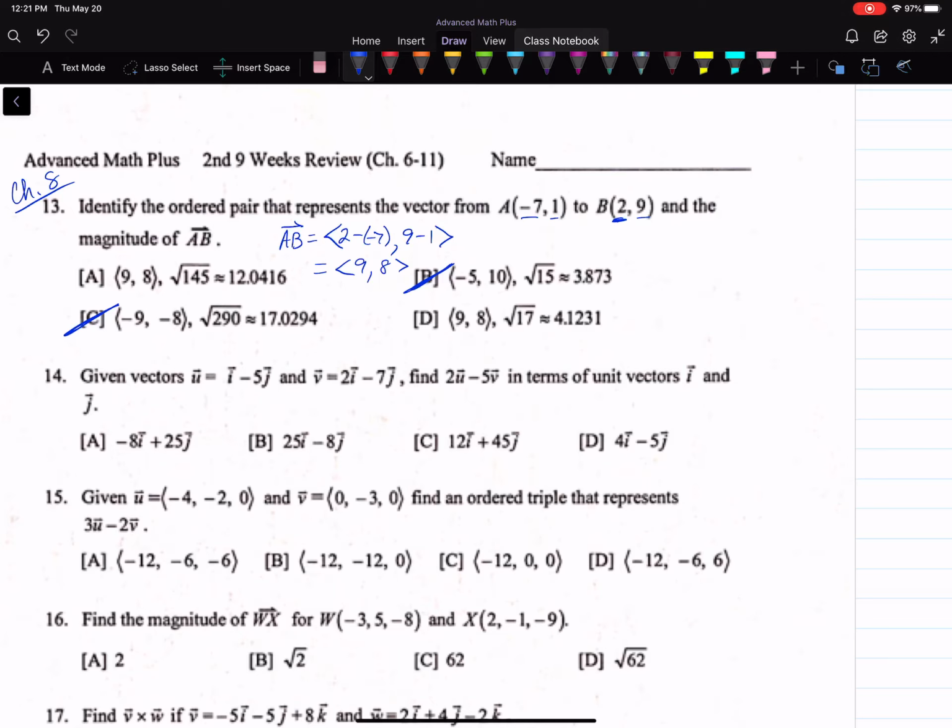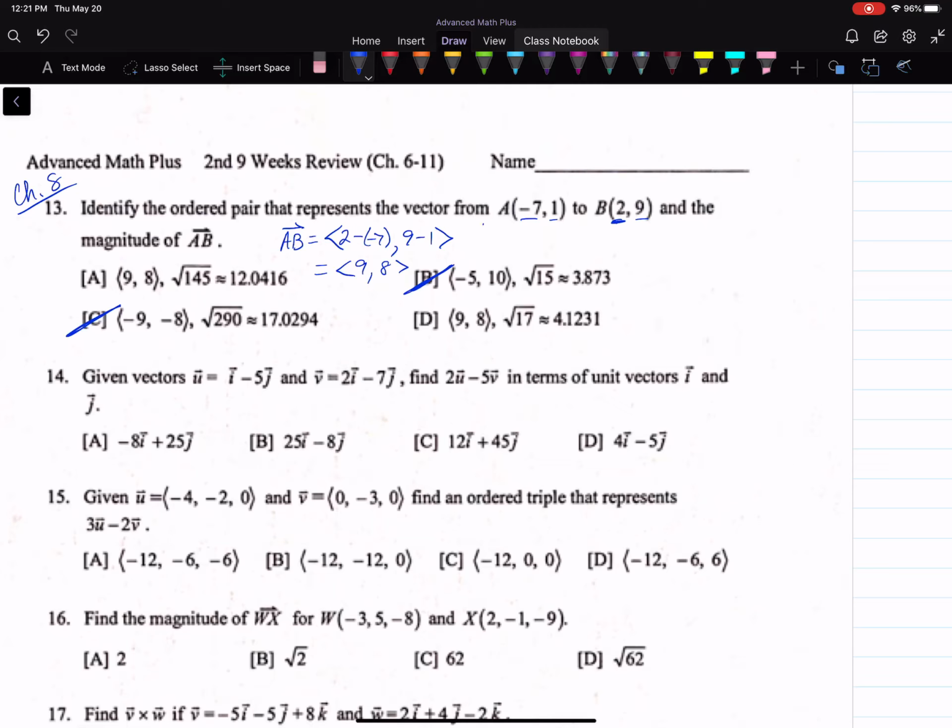Now we have to find the magnitude. So the magnitude is going to be one of these two. To get the magnitude of vector AB, if you've forgotten, you take the square root of the sum of your two numbers squared. So 9 squared plus 8 squared. That's 81 plus 64, which is 145.